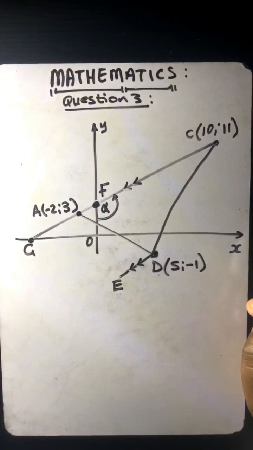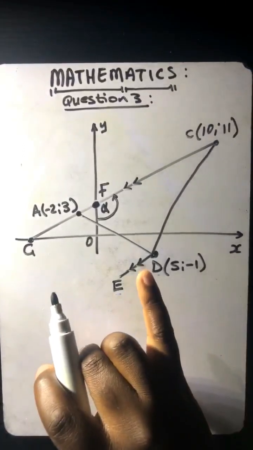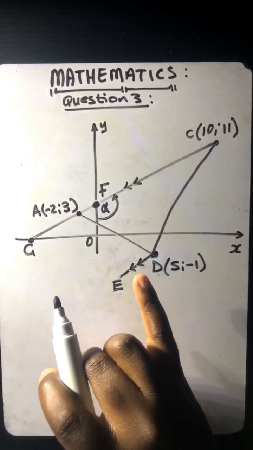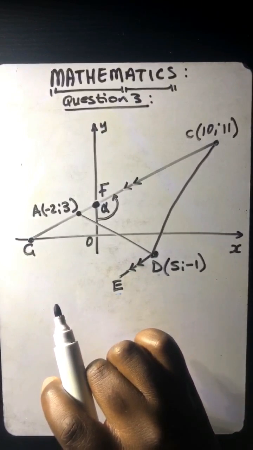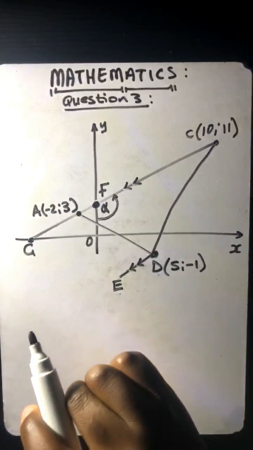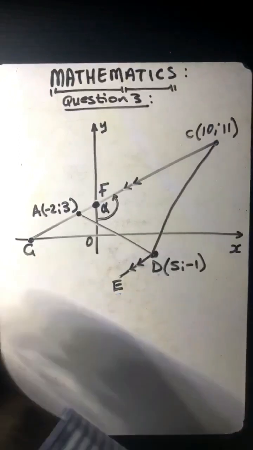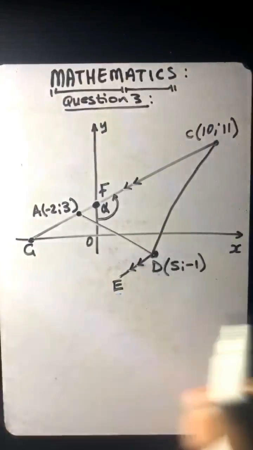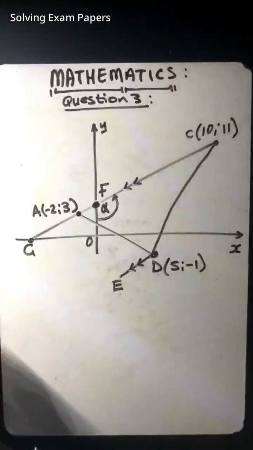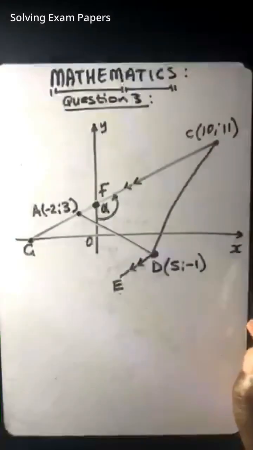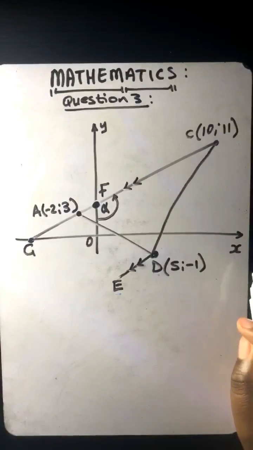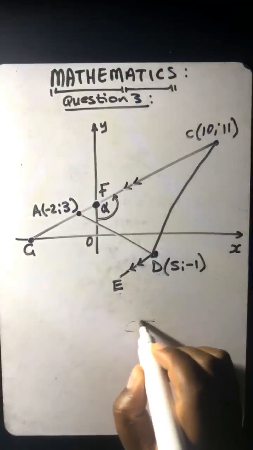We discussed parallel lines having equal gradients, and we discussed perpendicular lines, whereby when you multiply the gradient of one line and the gradient of the other line, they give you -1. Those are some of the important information that you need to always remember. So they are now saying in triangle CFO.